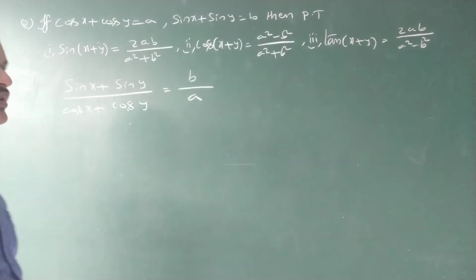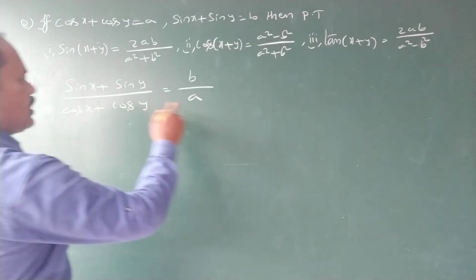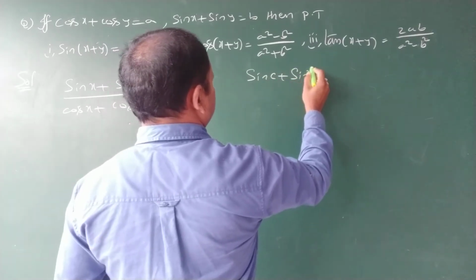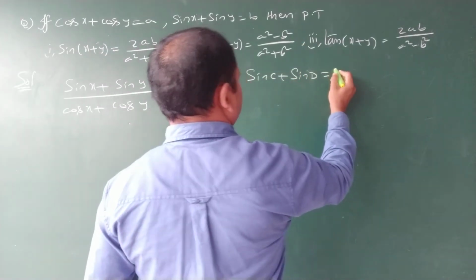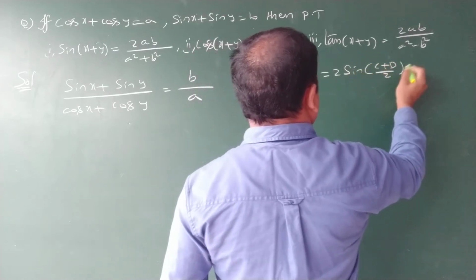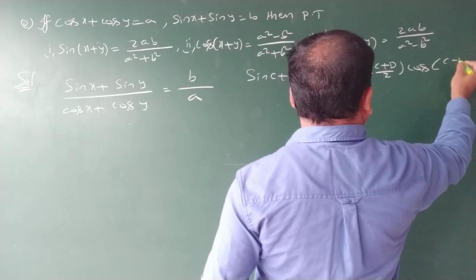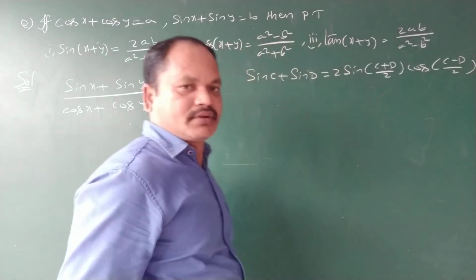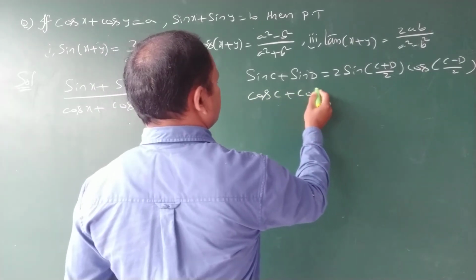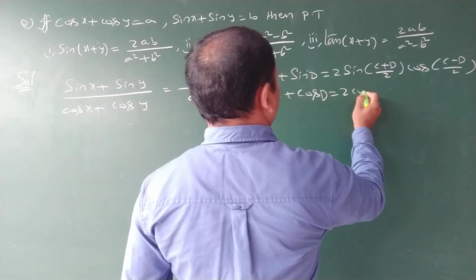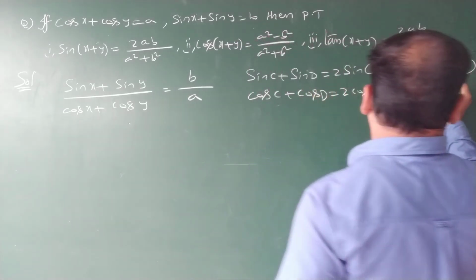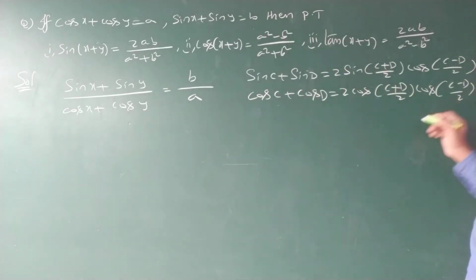Now we know the formulas: sin c plus sin d is equal to 2 sin((c plus d) by 2) cos((c minus d) by 2), and cos c plus cos d is equal to 2 cos((c plus d) by 2) cos((c minus d) by 2).